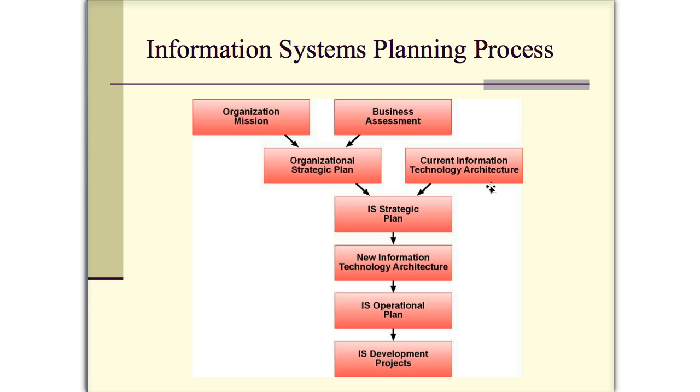You have the current architecture, and then together you have an IS strategic plan, which from that comes a new information technology architecture, the operational plan, and then of course the development projects.